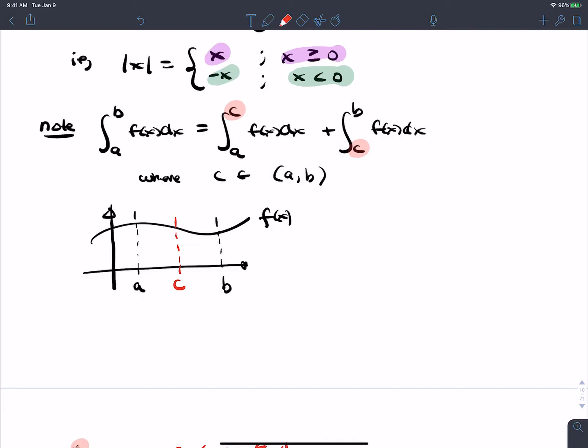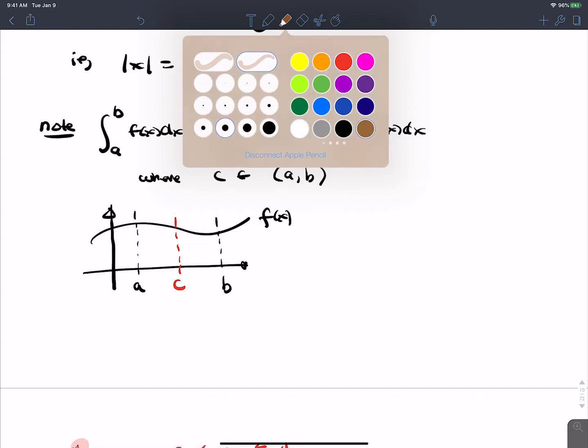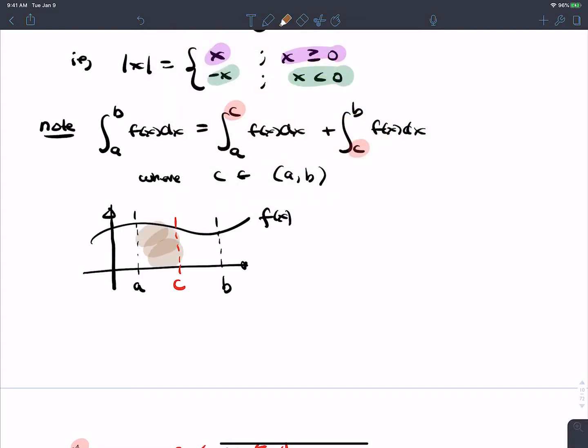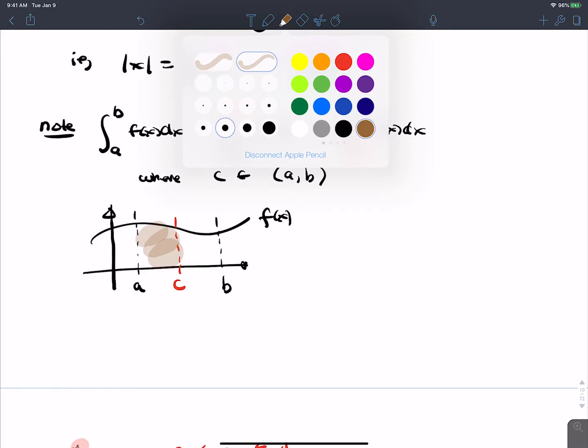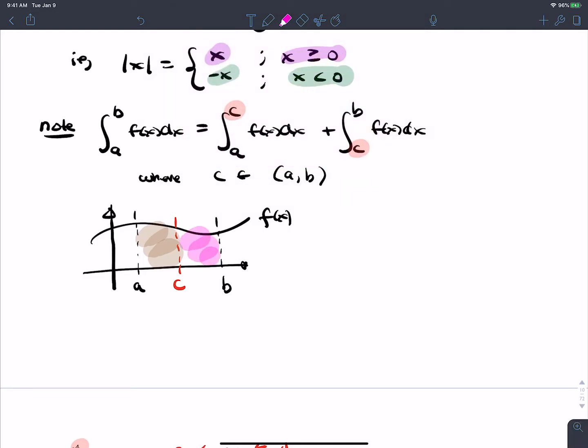So we have two portions here. I'm going to change these colors. How about gold? You have this portion, and then, I don't know, how about pink maybe? You got that portion. So all we did was find the area of each piece separately using a point between A and B. That's the C value.